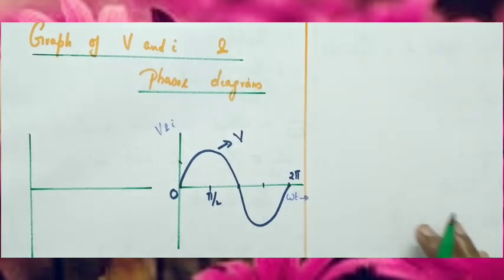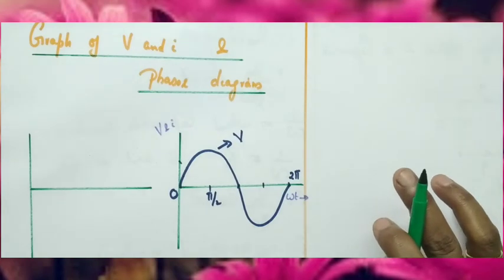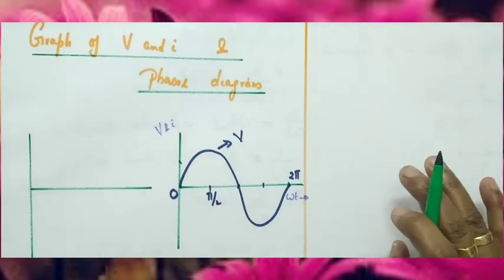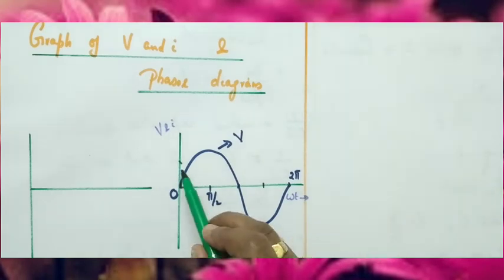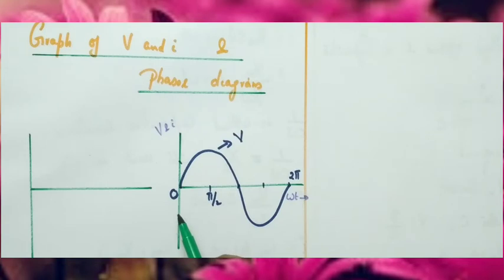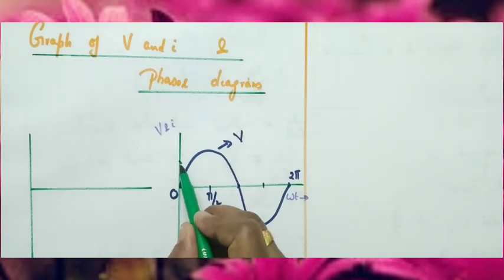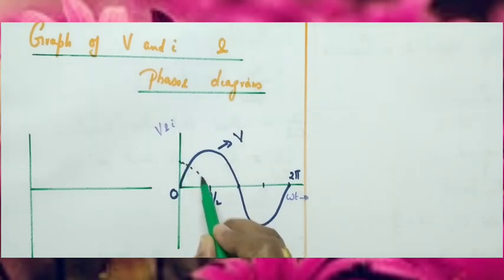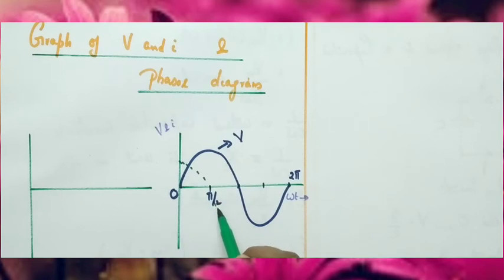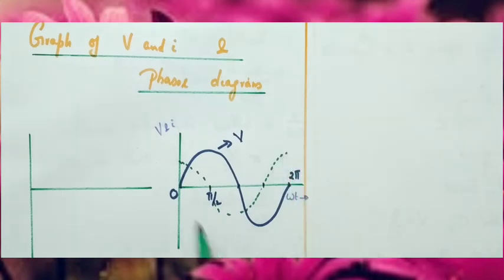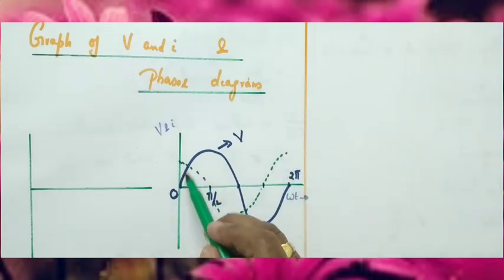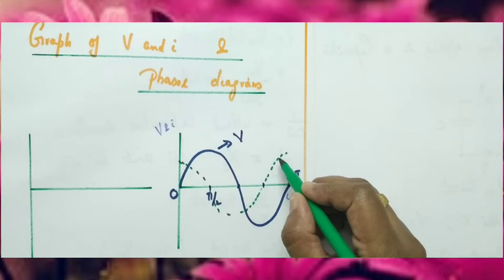In all the three cases, when AC voltage is connected to a resistor, capacitor or inductor, the magnitude of current is always less than the magnitude of voltage. And here in this case, current leads voltage by an angle pi by 2. So it starts from the upper region like this. So the graph is like this. The magnitude of current is less and the current leads voltage by an angle pi by 2.